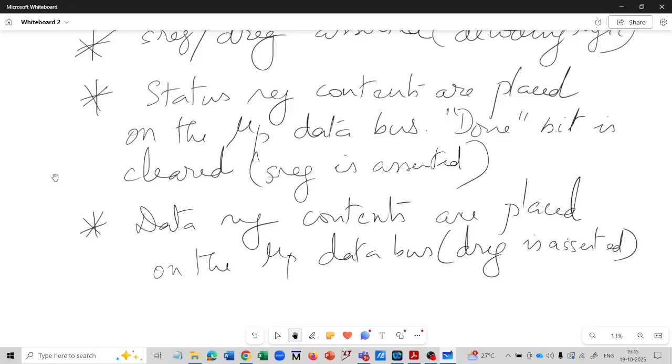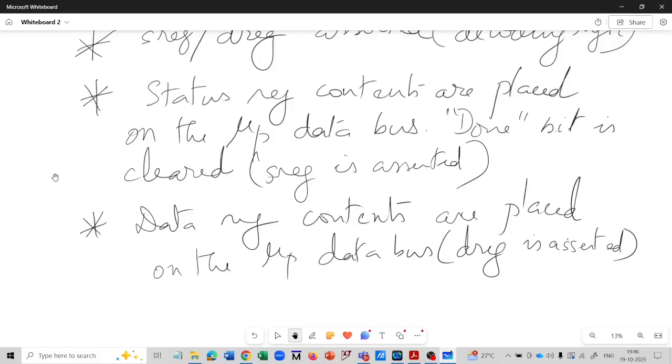So this pretty much sums up the transactions that are part of the interface controller operation. So we have seen that there are two sets of transaction. The first set of transaction corresponding to the read of a memory location initiated by the processor, and the second set of transaction, which is a kind of subsidiary set of actions, which consists of the read of the internal status register or data register from the processor.